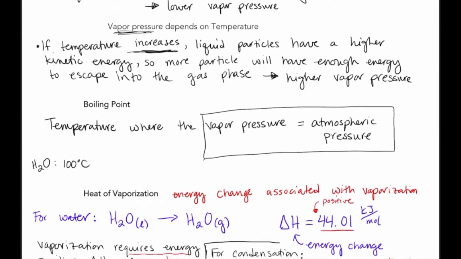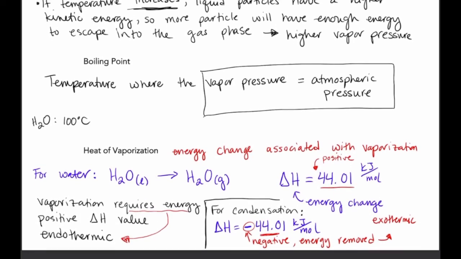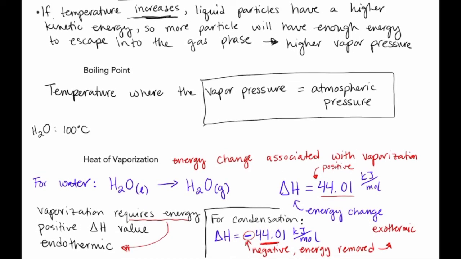And then there's some energy required in order to vaporize a sample, in order to transition a liquid to a gas. And that will depend on the identity of the substance. And it depends mainly on the strength of intermolecular forces. If we have stronger forces, more energy is required.